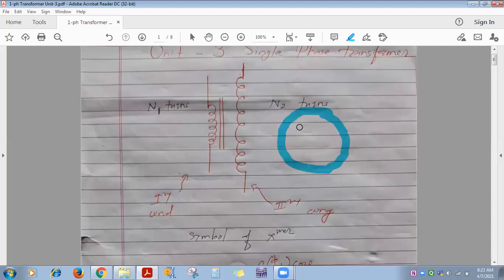So consider that the conductor is carrying current away from you. Cross means away from the observer. Arrow conventions means consider the arrow is moving away from you. So what you can see is its tail, and that's why there is a cross here. So this is the conductor carrying current away from the observer.